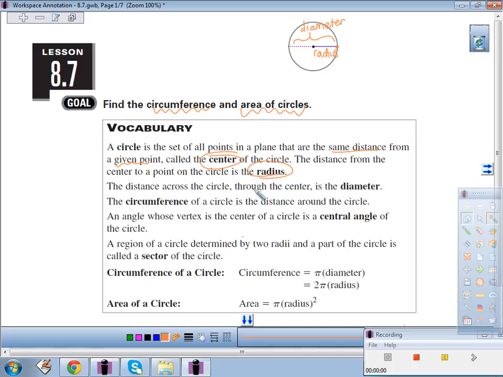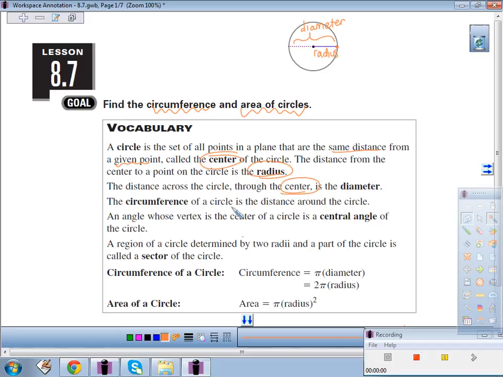So the key is that it does go through the center, and it's the distance across the circle, the diameter. Now, what is the relationship between the diameter and the radius? Well, the radius will always be half of the diameter, or the diameter will always be double the radius, as you can see in the picture above.